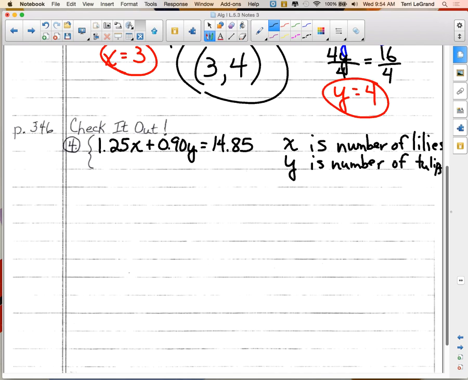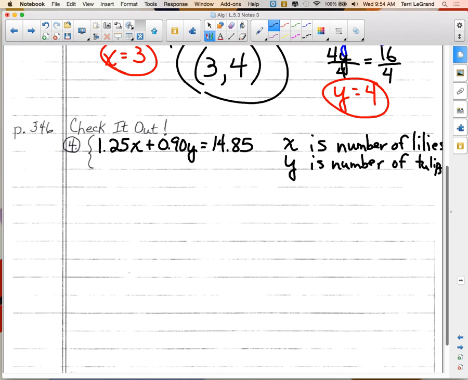So they were $1.25 each lily. The 0.90y tells me that y is the number of tulips bought, and at 90 cents each, after I multiply, that should give me how much money was spent on tulips. Add those two together, altogether, she apparently spent $14.85.